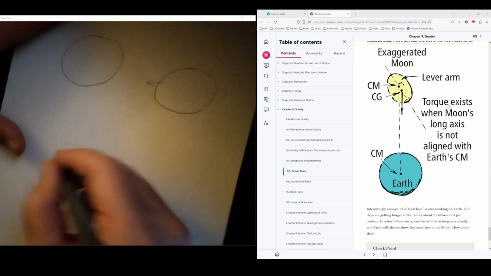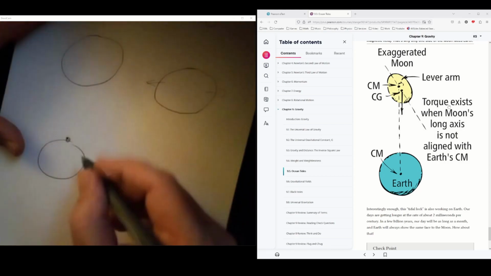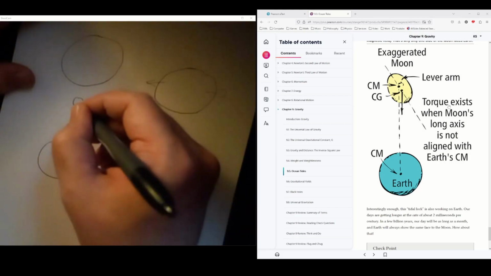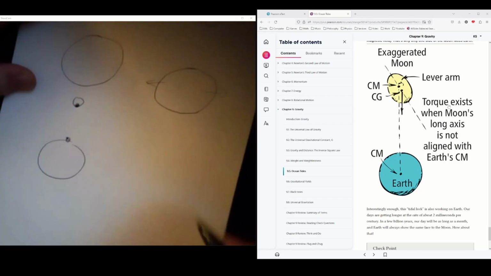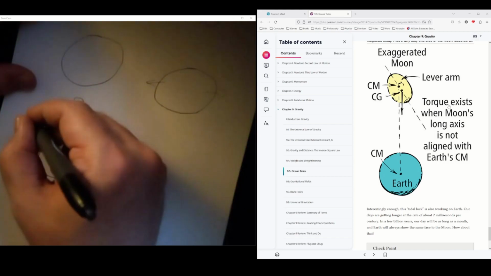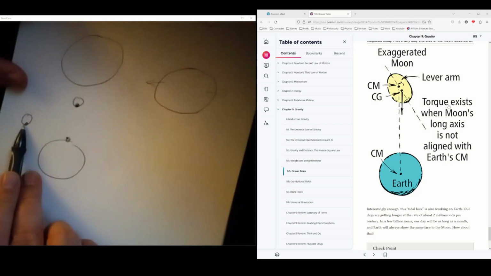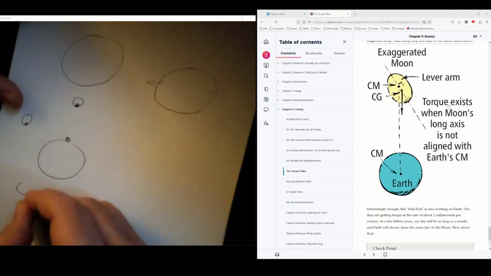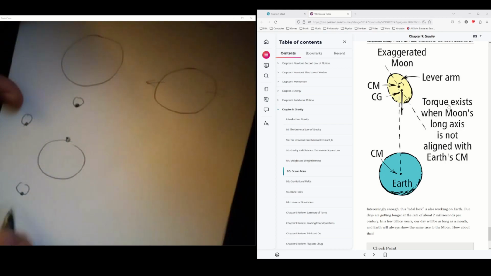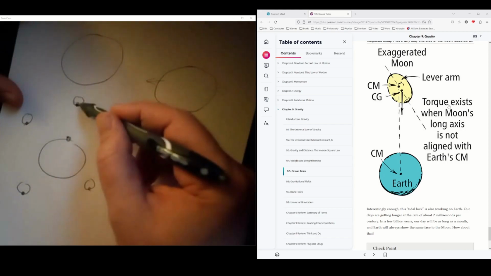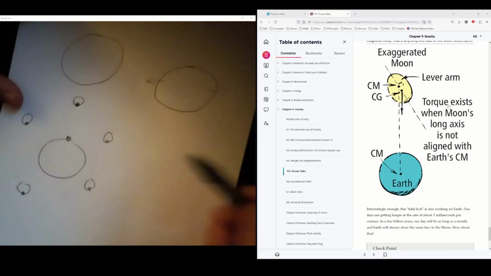So try to imagine I'm on the Earth, and here's our point, and let's say here's the moon. And here's my point on the moon as well. If the moon orbits but doesn't rotate, then the point will be here. And if the moon continues to orbit, our point will be here, and so forth until it eventually gets back to our spot, and then we can see our point again from our view.